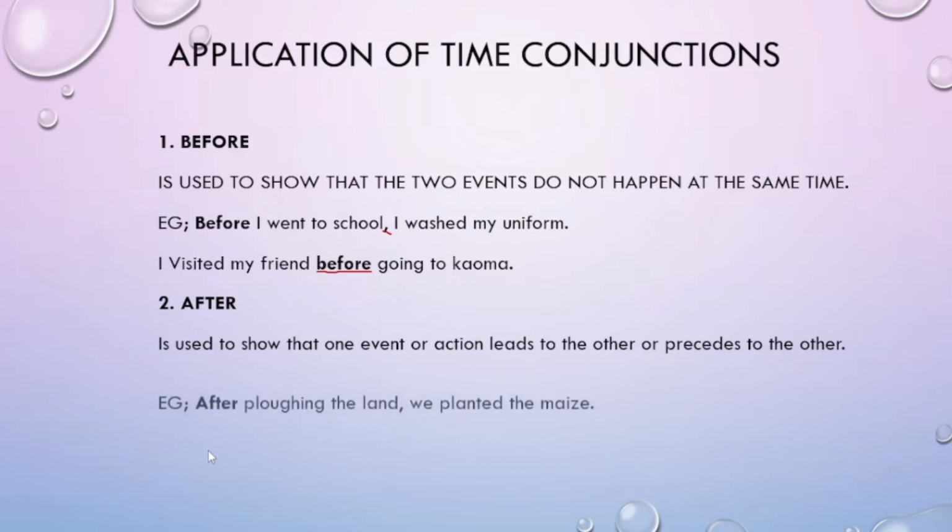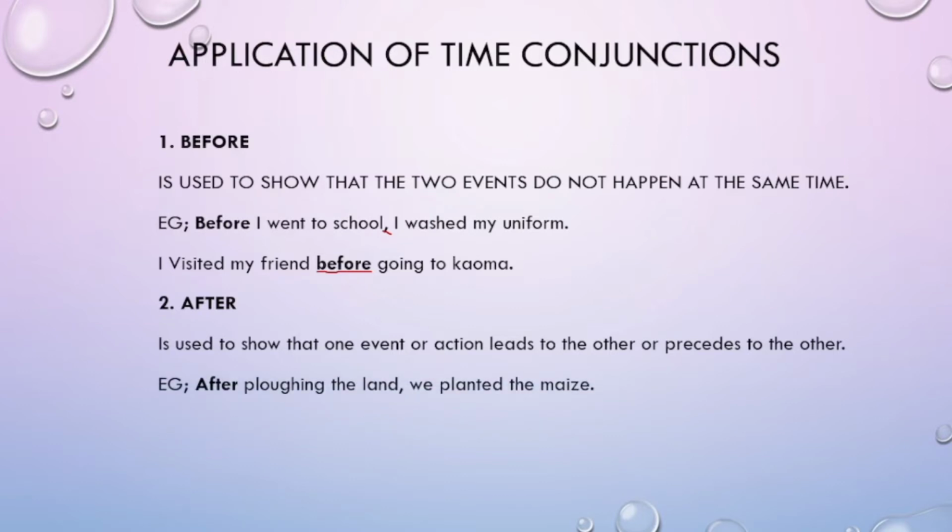For example, after plowing the land, we planted maize. Can you plant maize without plowing? No, it's not possible. So plowing preceded planting maize. It led to planting maize.